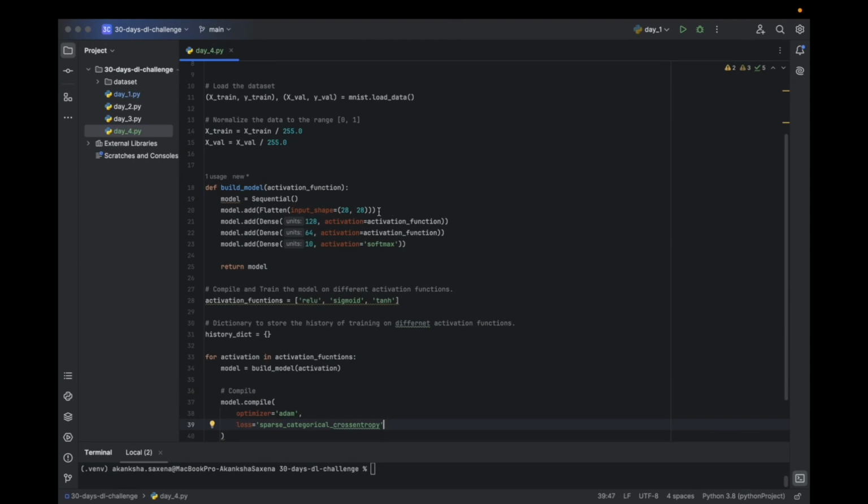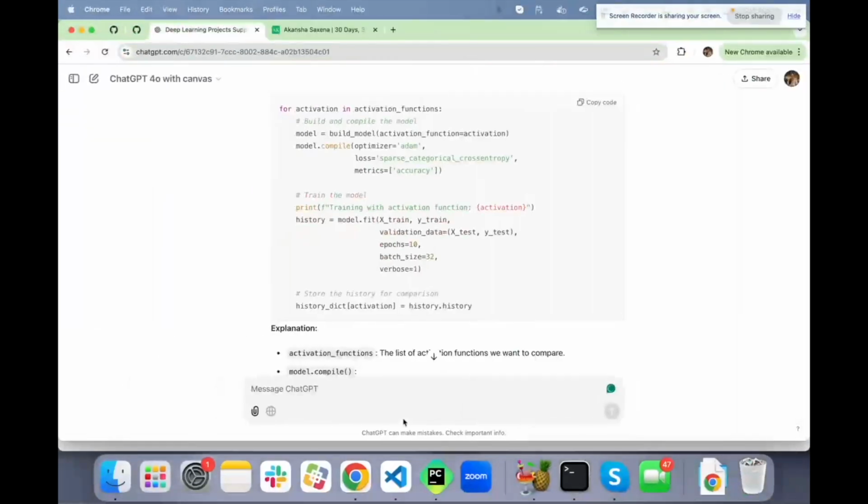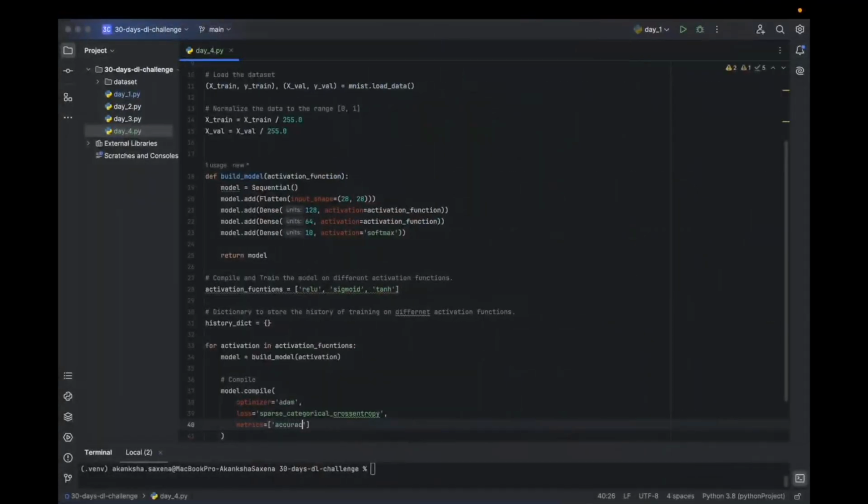So that is why we are going to have sparse, and it is a categorical output that we have to predict, whether the image represented a digit 1 2 3 4 5 6 7 8 or 9. So it is a categorical representation. And then the metric for performance is going to be accuracy.